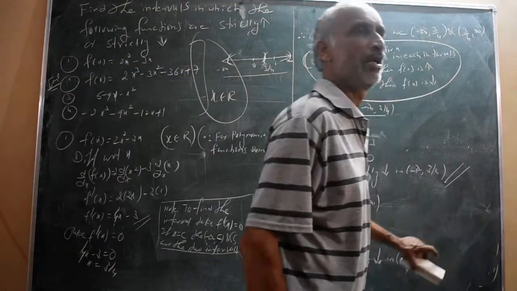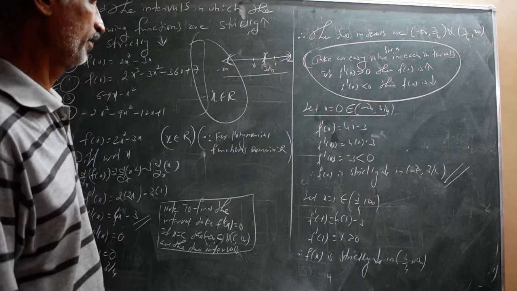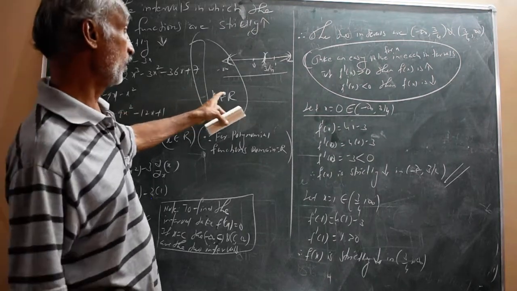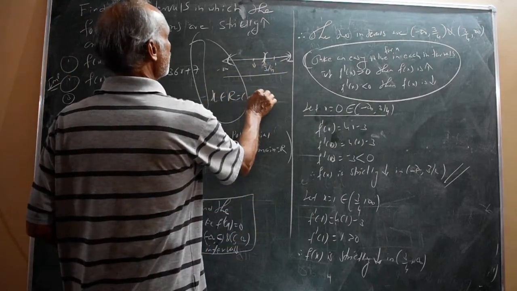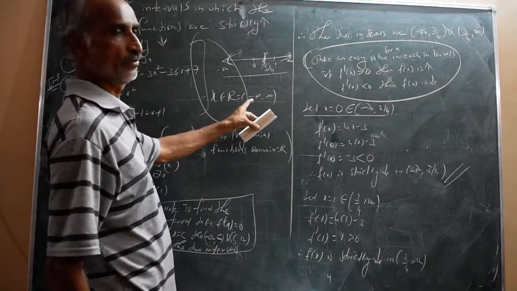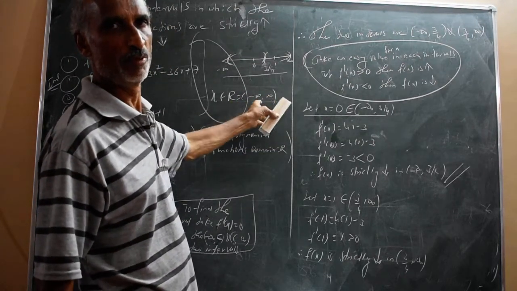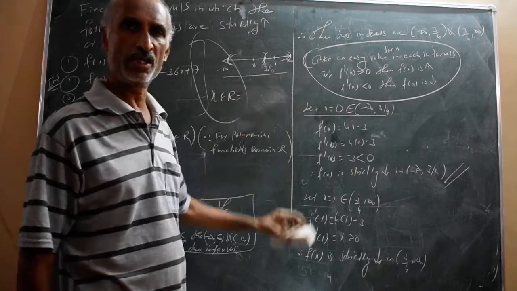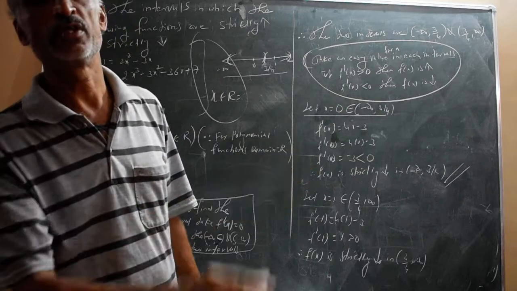But here A, B, C, D are not to be taken. Minus infinity to plus infinity are to be taken, because x belongs to real numbers. So it is the beginning of the journey, end of the journey. In between, the values of x you are getting by taking f dash of x is 0 are the halts. Till that point, we take one interval.